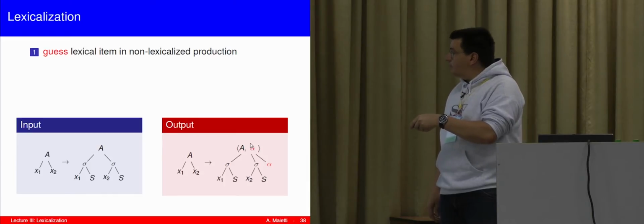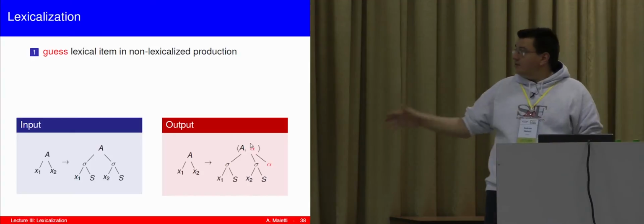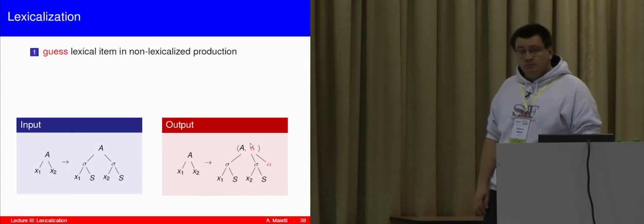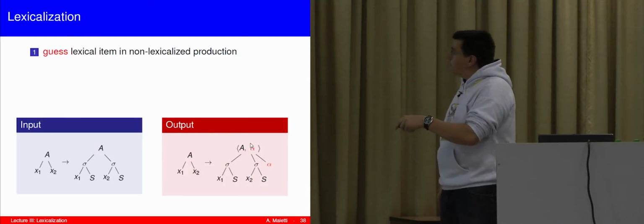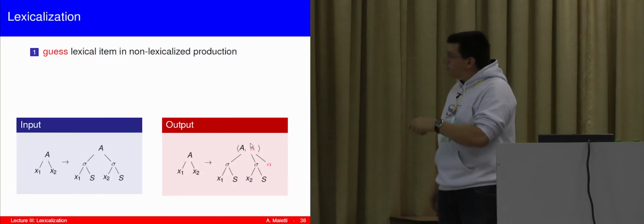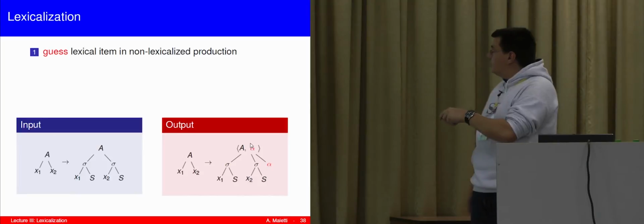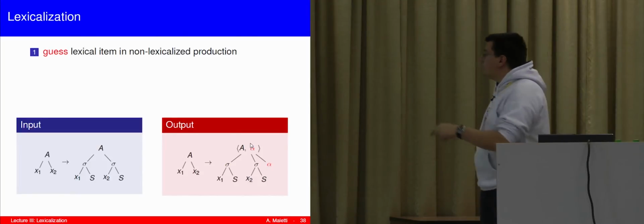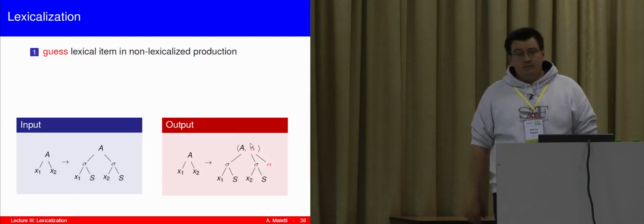And it has too many non-terminals, 1, 2, 3 non-terminals, right? It has no single lexical item. So you have to do something about it. What are you going to do? Well, you're going to do the following. You're going to keep the left-hand side. You're going to introduce a new non-terminal, which records the old non-terminal, and in addition, guesses a lexical item called alpha here.